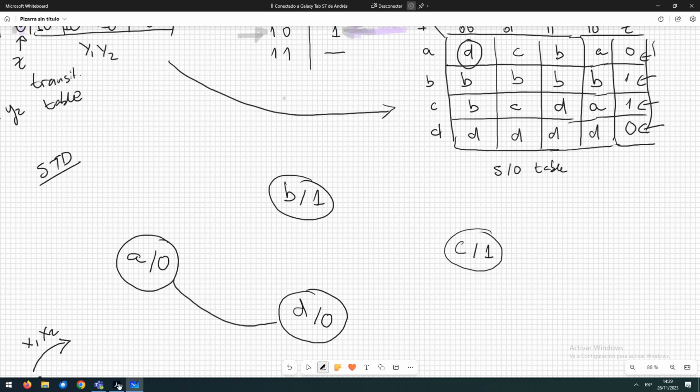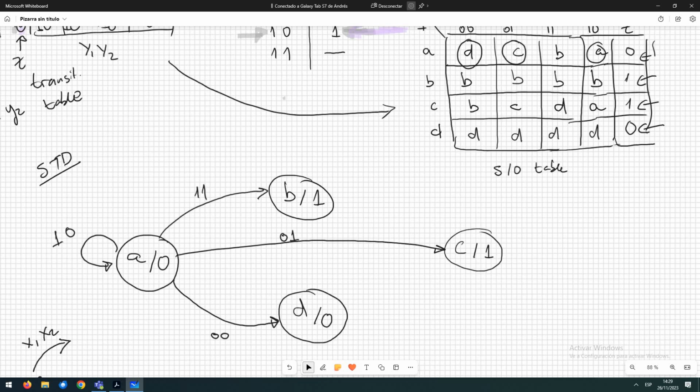If the inputs are 0, 1, we go to state C. If the inputs are 1, 1, we go to B. And finally, if the inputs are 1, 0, we stay in the same state A.